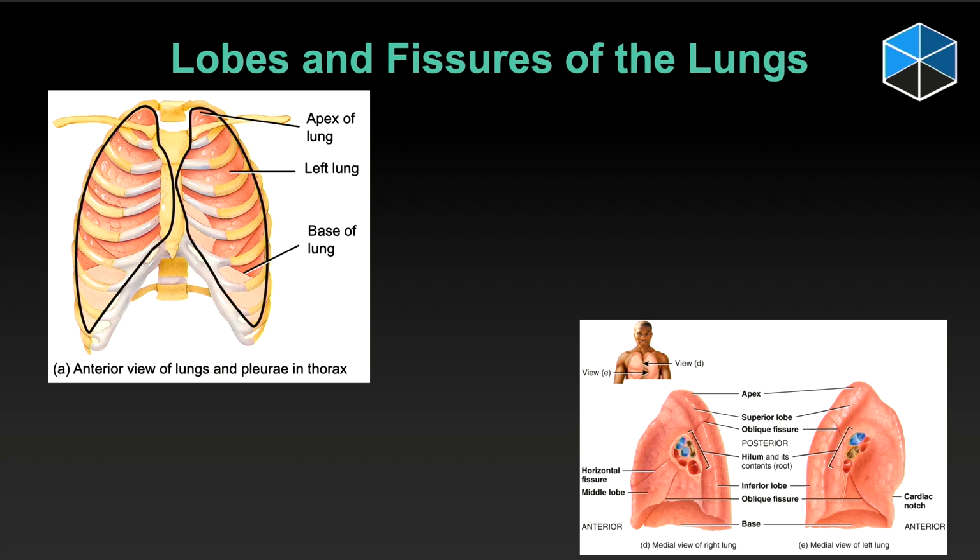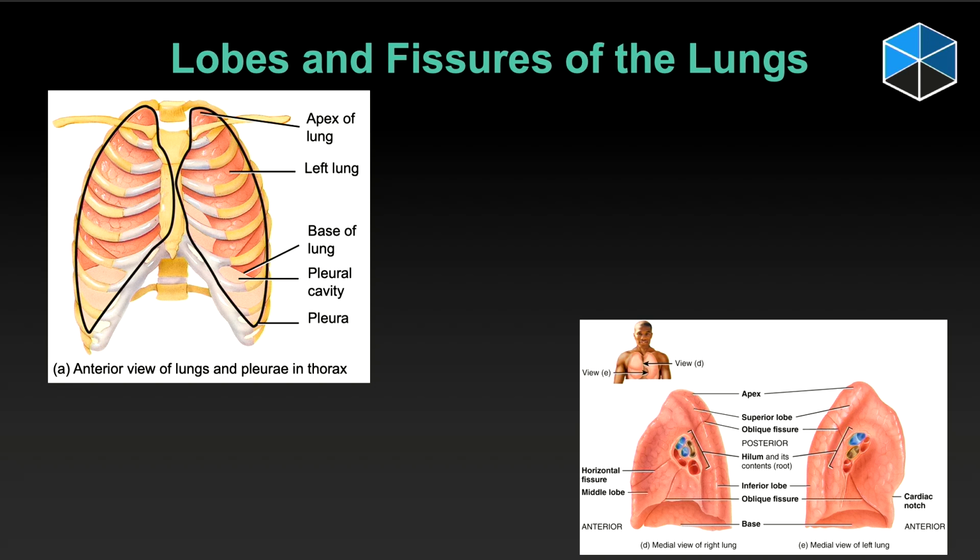Just a reverse orientation to the apex and the base of the heart. And you can see in the left-hand figure the extension of the pleura, the actual membranes, and the pleural cavity, the space between the membranes, extending a bit inferior to the base of the lung.